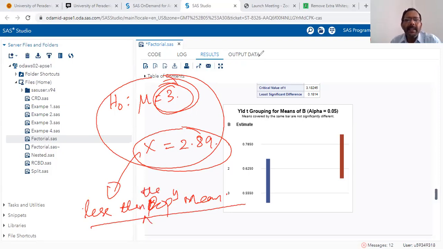So we can write it like that. But here we say it in a non-statistical form.